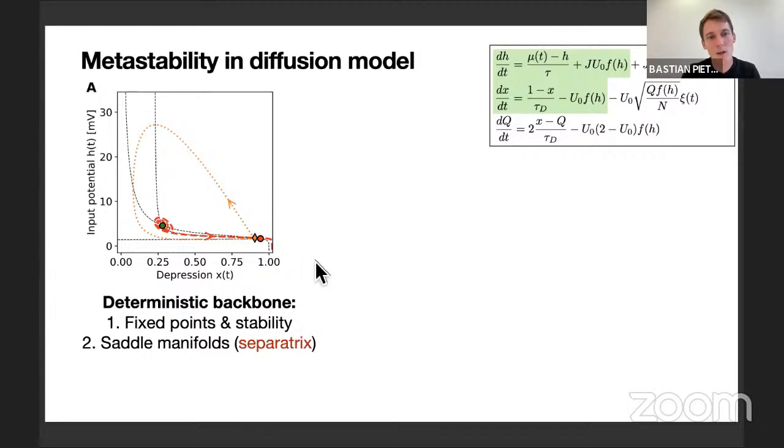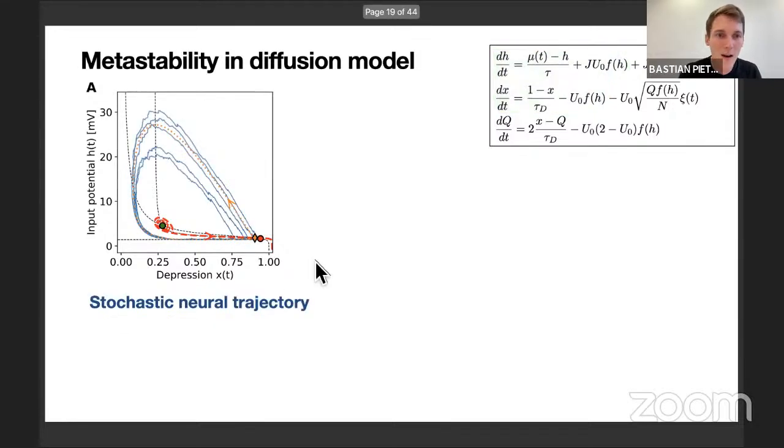And this is interesting because if we simulate our mesoscopic model, then the stochastic neural trajectory will follow this unstable manifold. Once we are above the red separatrix, we follow the unstable manifold and make this excursion back to our unique saddle point.